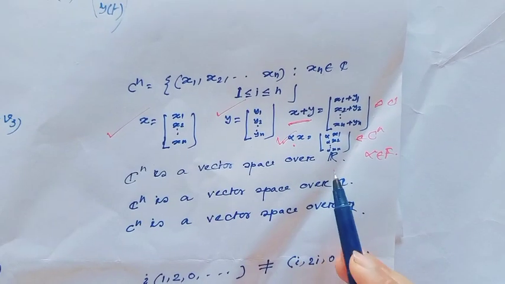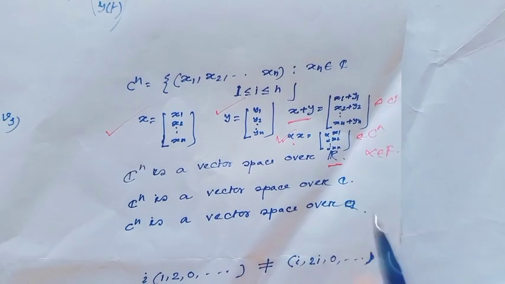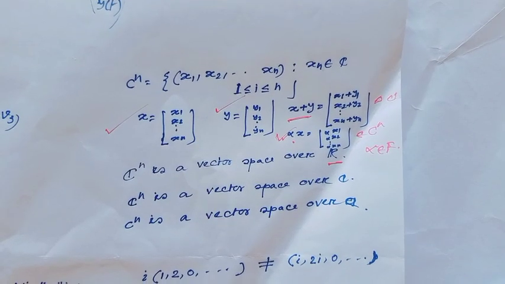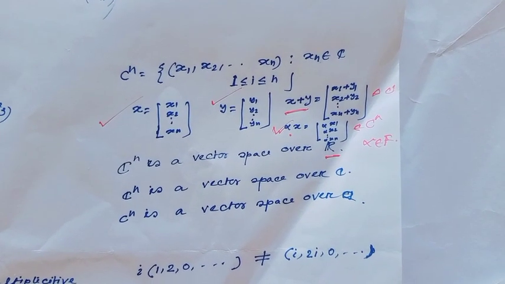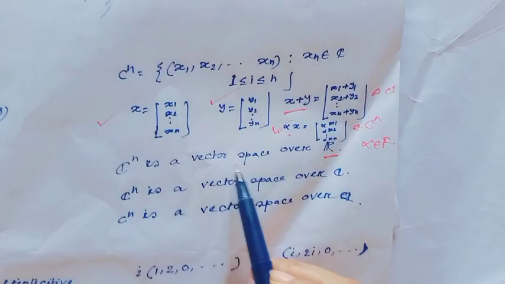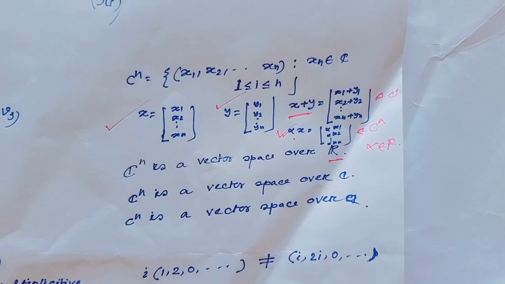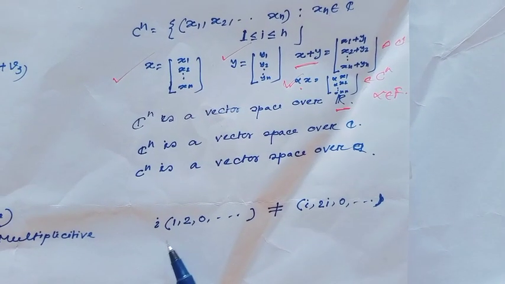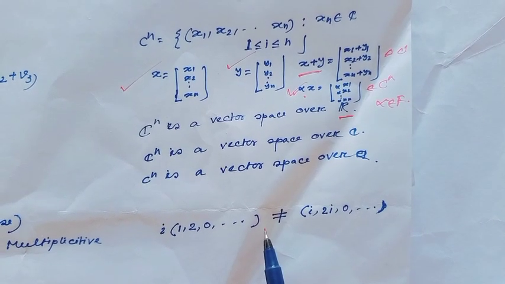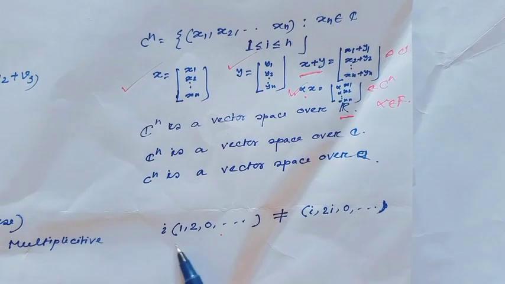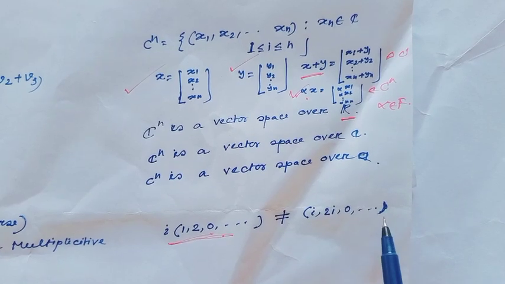The complex number is a vector space over the real numbers. Similarly, the complex number is a vector space over the complex numbers, and also over the rational numbers. But if we consider the complex numbers as a vector space over the real numbers, then i times the vector (1, 2, 0, 0) gives (i, 2i, 0, 0).